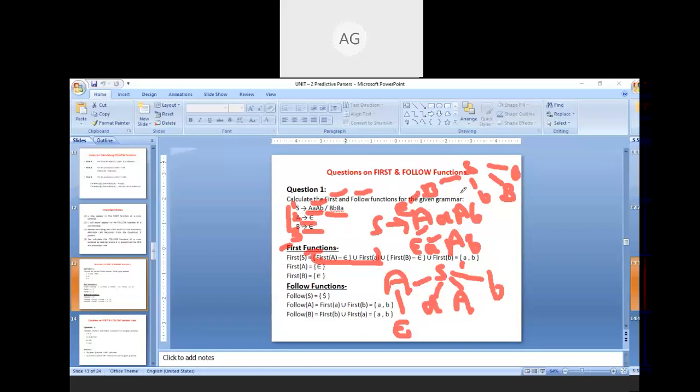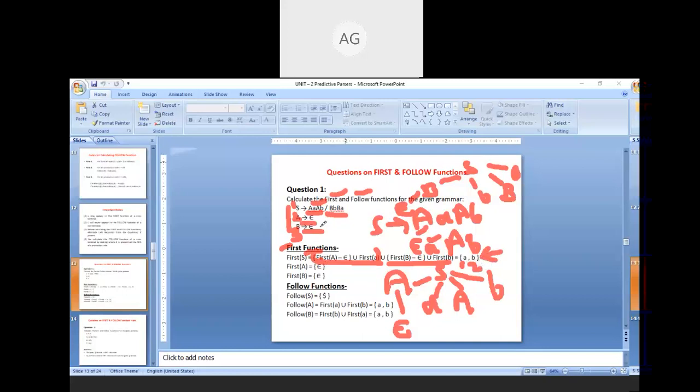After that, you have S produces epsilon B A. As epsilon in concatenation has no meaning, the first symbol here you can get is B. So from this you get the b. That's why the first of S generates two elements, one is a and the other is b. By using this method you can get the first of S.